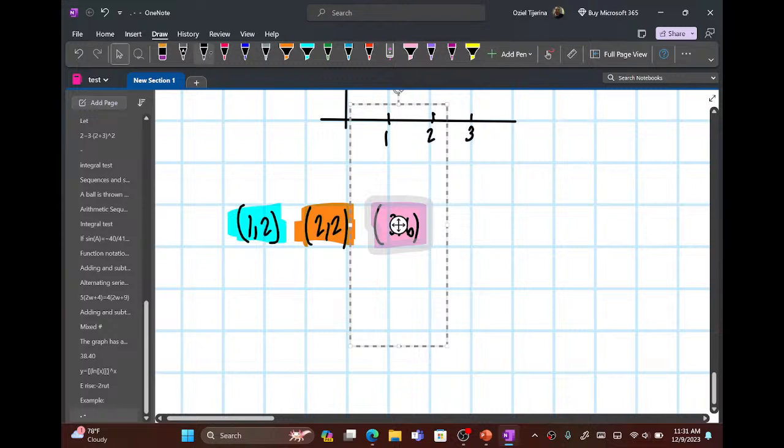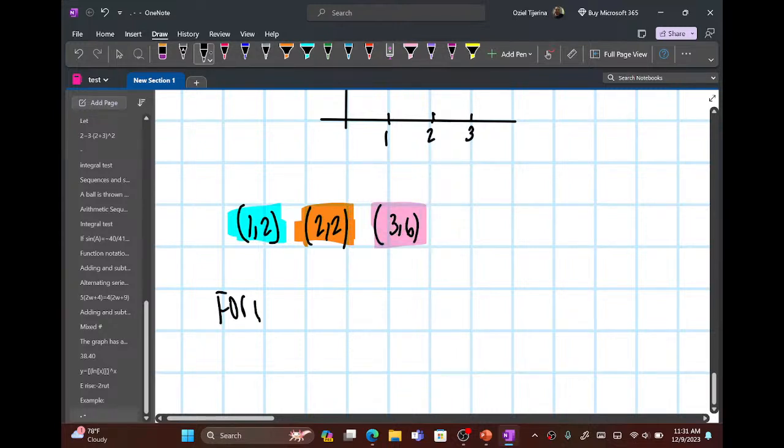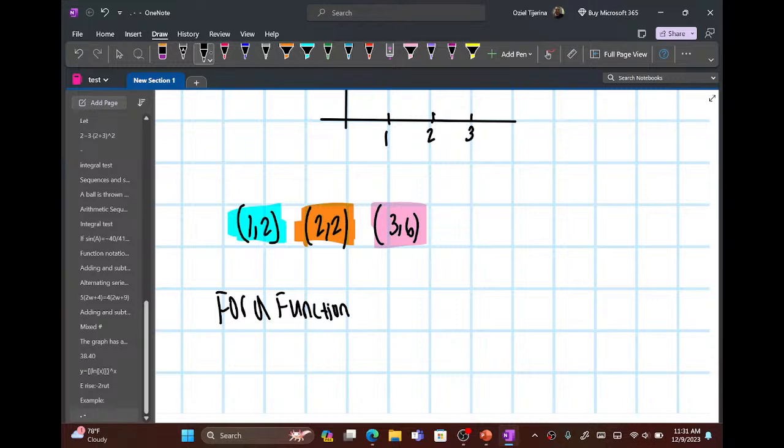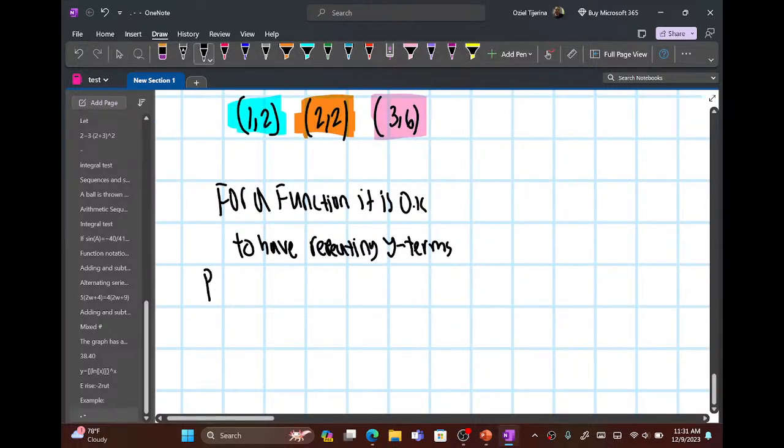So for a function, it is okay to have repeating y terms, but no repeating x terms, okay?